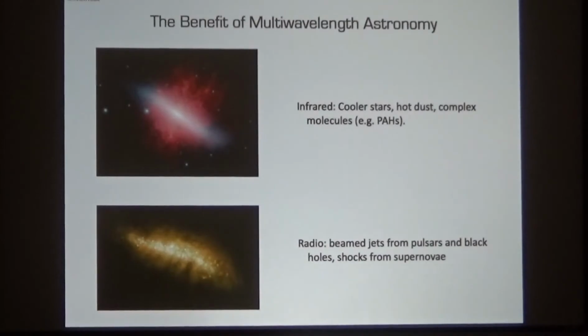Skipping the optical, because I've mentioned it already, we'll go to the infrared. Infrared deals with cooler objects than optical. Rule of thumb, as things get colder, the wavelength gets longer. So infrared can deal with cooler stars, for instance brown dwarfs within our galaxy.